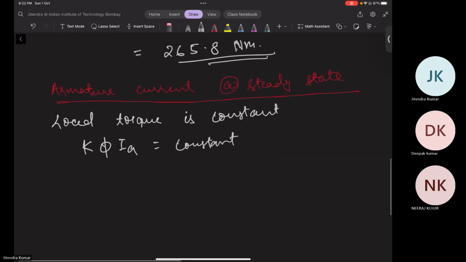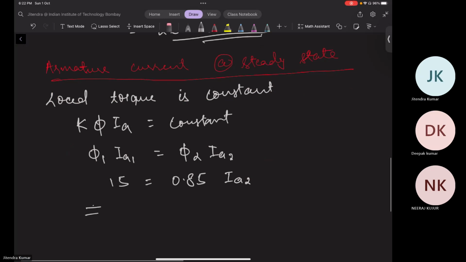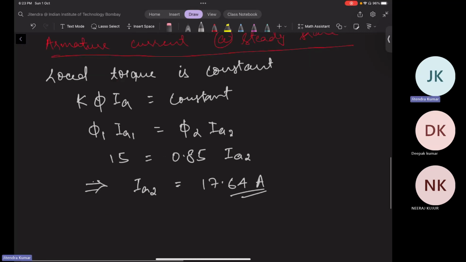Now phi 1 Ia1 is equal to phi 2 Ia2. Phi 2 by phi 1 we know is 0.85, Ia1 was 15, so according to this equation, Ia2 will be how much? 17.64 amps, right? That much current will be there.